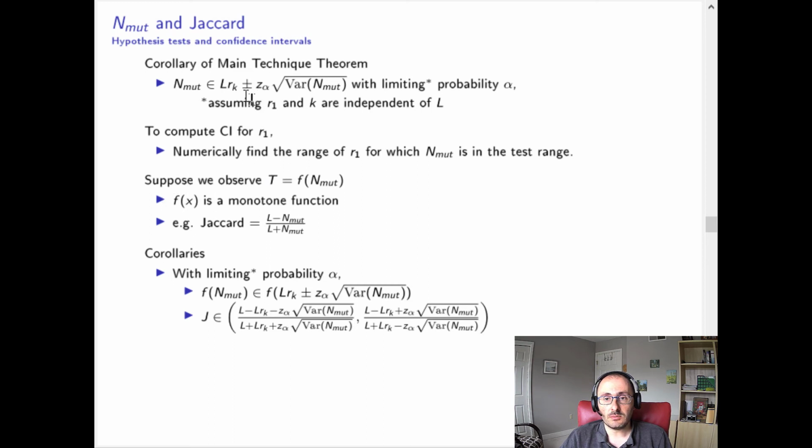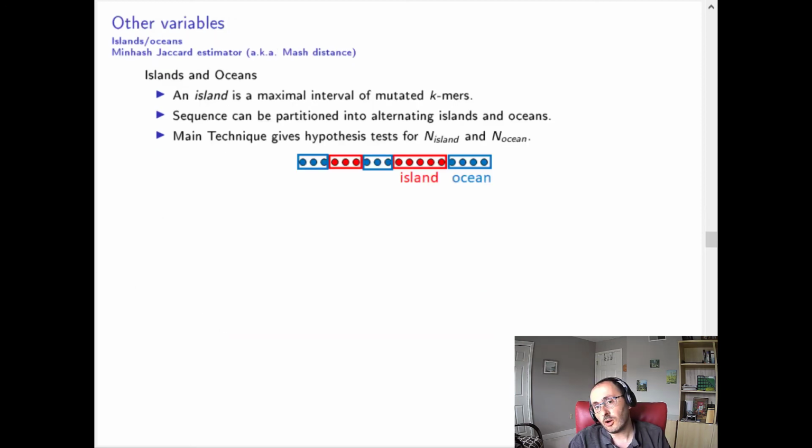We can then also apply this main technique theorem to not just n-mut, but to any random variable that is a monotone function of n-mut. So Jaccard, for example, which we've seen earlier, is in this model a monotone function, and we get this hypothesis test for the Jaccard. We can apply our main technique to other random variables in this model.